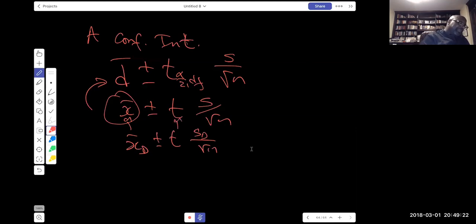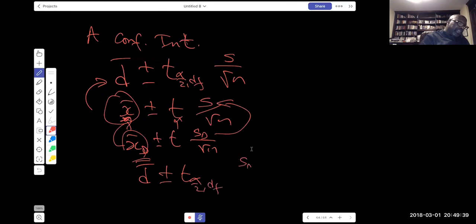But we have to stay consistent with the textbook, and so instead of x bar d, it's denoted by d bar plus or minus t alpha on 2 with degrees of freedom, SD over root n. And since we had our d bar already, which was 25, it's 25 plus or minus 2.201, and the standard deviation was 37.05.